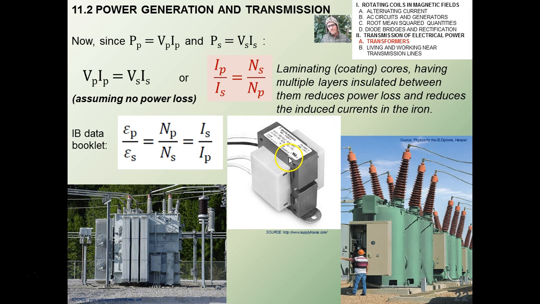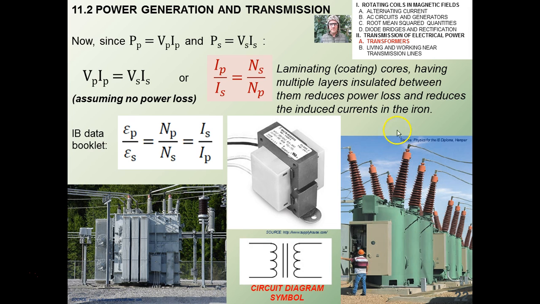Here's a household one that you would use to convert like a hairdryer or microwave, whatever. On a bigger scale, you might see these around where you live, and they're typically behind chain link fences. These are gigantic transformers which are used to transport power over very, very long distances, which I'm going to talk about next. Okay. The circuit diagram symbol for a transformer is something like this, which is kind of cute, actually.